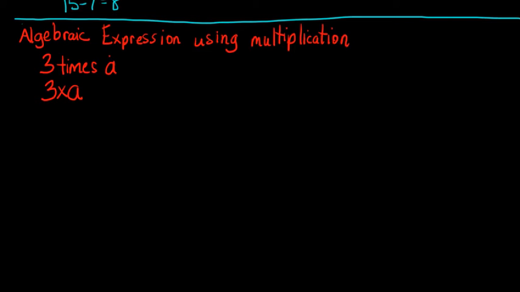Sometimes you may see 3 with a dot and an A, and that dot simply means multiply. You may see 3 parentheses A. That means 3 times whatever is in this parentheses. Or you may simply see it written just as 3A. And all of those mean multiplication.